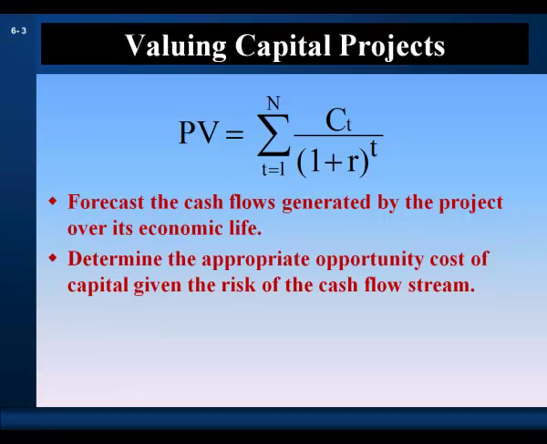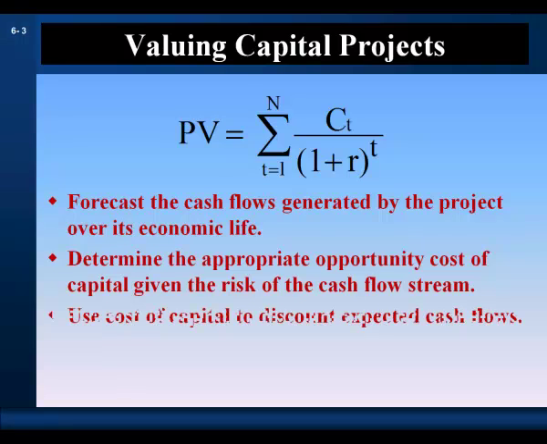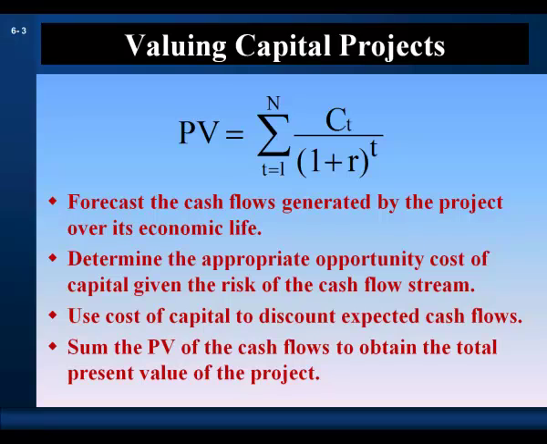Determine the appropriate opportunity cost of capital given the risk of the cash flow stream. Use the cost of capital to discount expected cash flows. And finally, sum the present value of the cash flows to obtain the total present value of the project. This is the project's value.